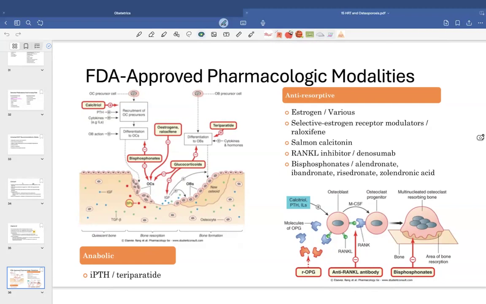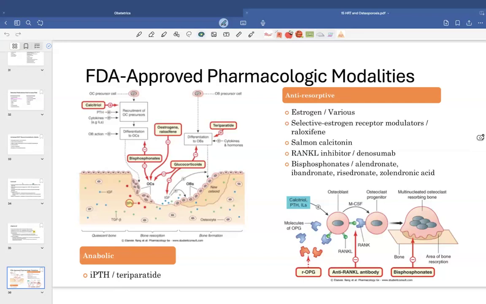Most of our other treatments are called anti-resorptive. They basically actively prevent breakdown of bone. That includes estrogens, raloxifene, calcitonin, the RANKL inhibitor denosumab, and really the one class of drug that has assumed the first line role are the bisphosphonates.